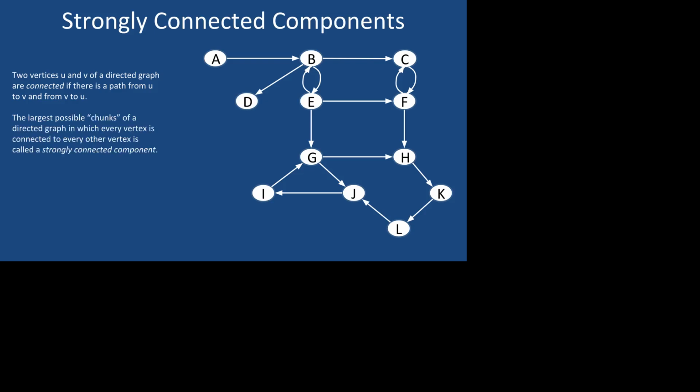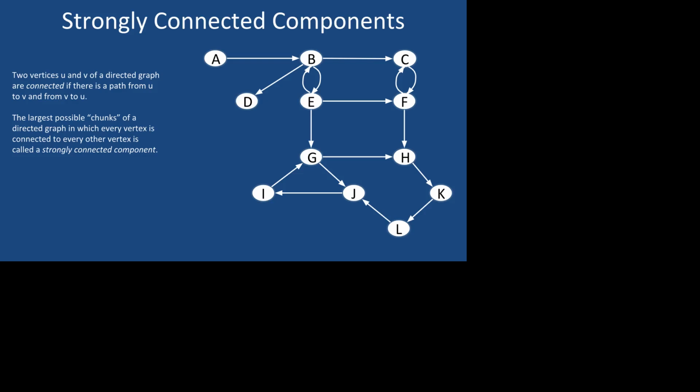Now, what we're going to say is find the largest possible chunks of a directed graph such that every vertex in the chunk is connected to every other vertex in the chunk. And that largest possible chunk is called a strongly connected component.